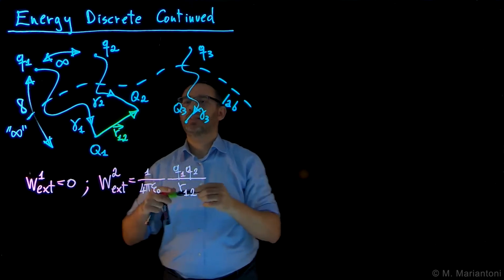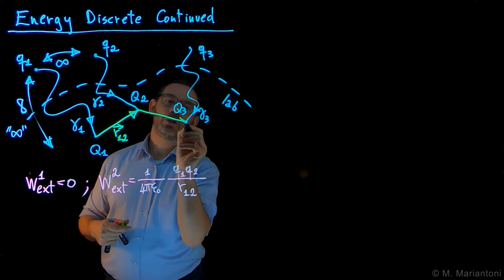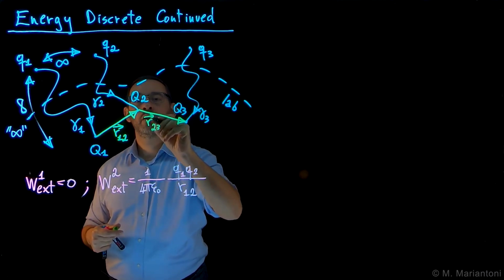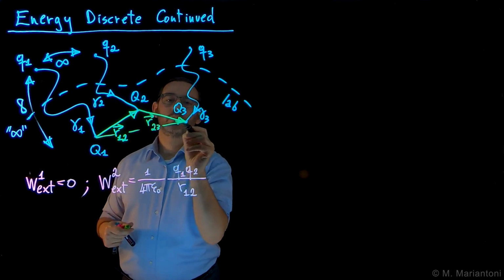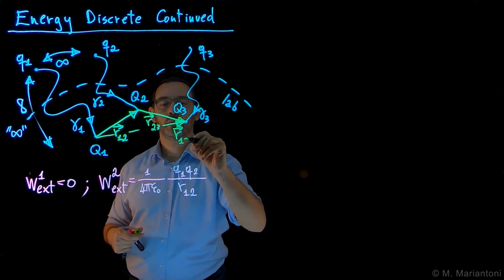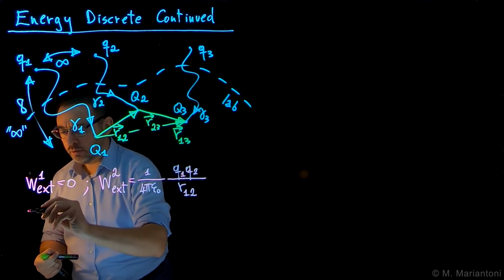Therefore, there are two distances which we need to take into account. This distance, which is the vector distance r23, and also this distance, which is the vector distance r13.